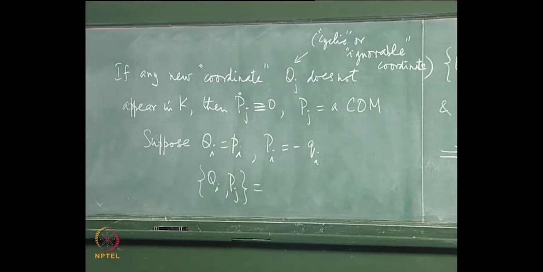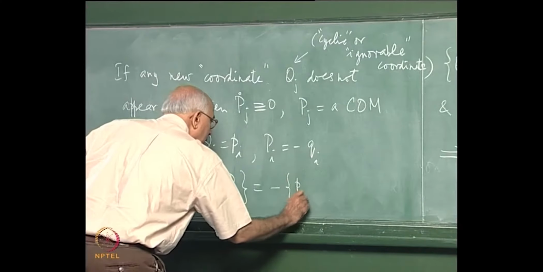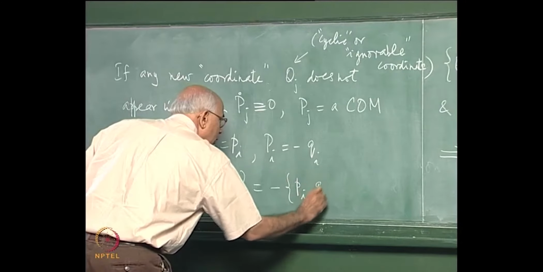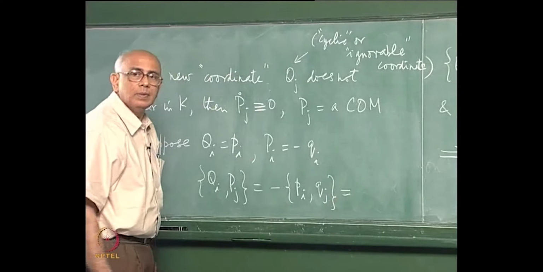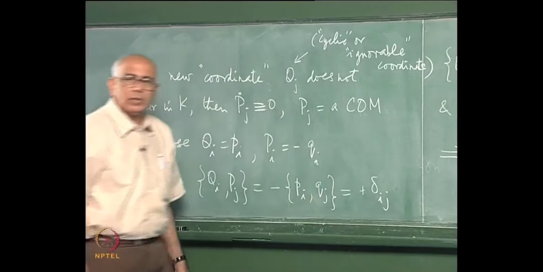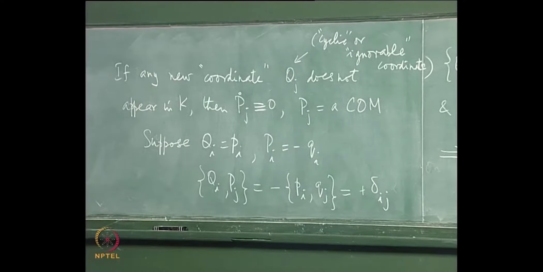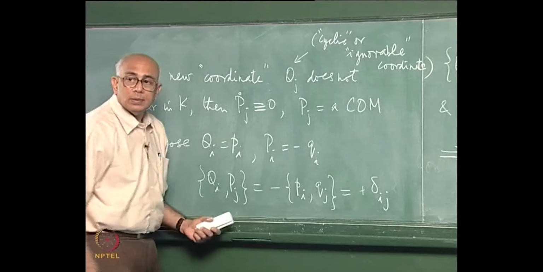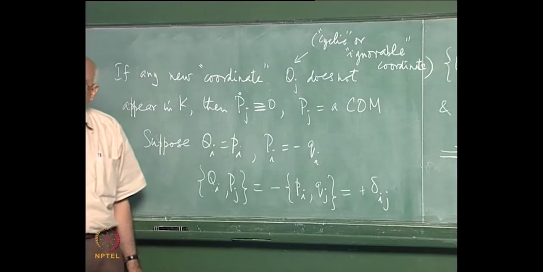What is that equal to? Yes, it is equal to minus the bracket of Pi with Qj, but this is equal to plus delta Ij, because recall that the Poisson bracket of B with A is minus the Poisson bracket of A with B because of antisymmetry, and there is an extra minus sign. So this set of variables is canonical, they have the canonical Poisson bracket relations.